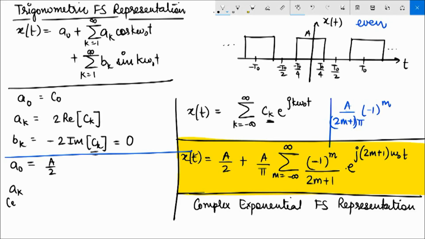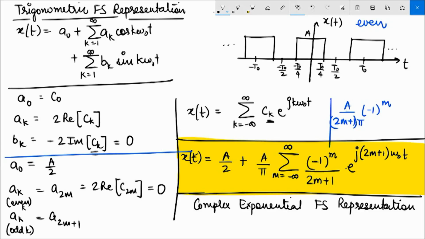ak for even k, that means a2m, is twice the real part of c2m. It's twice the real part of even k, which is equal to 0, because all the even k's came out to be 0, if you remember. ak for odd k means a of the form a2m plus 1.